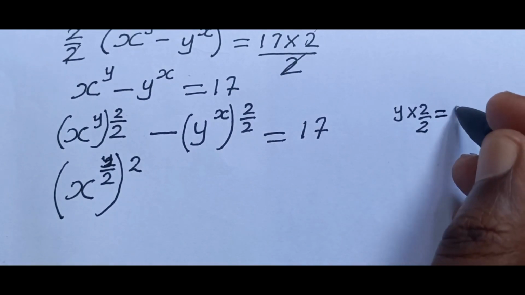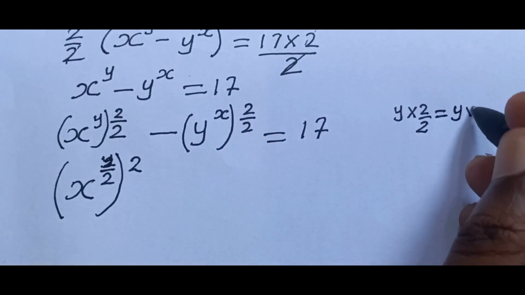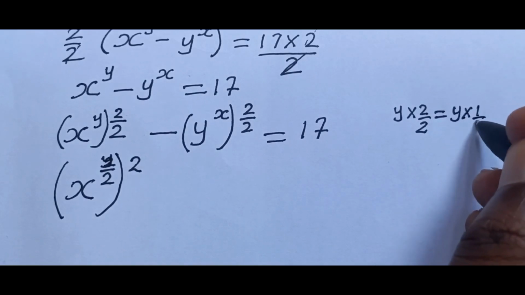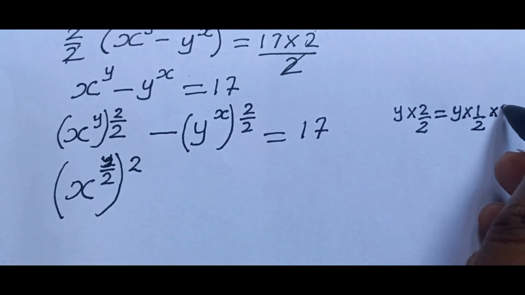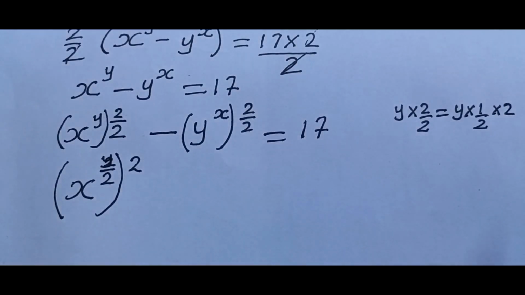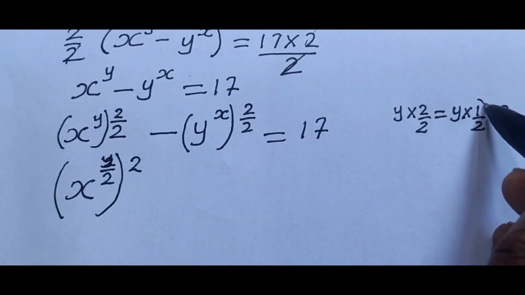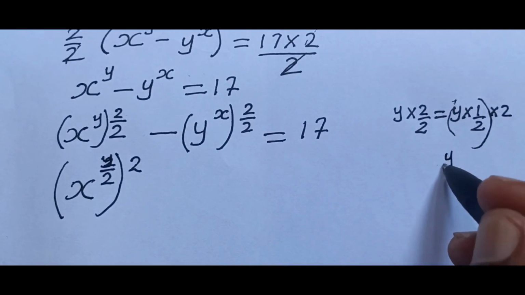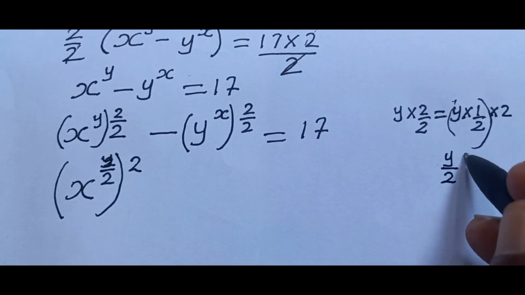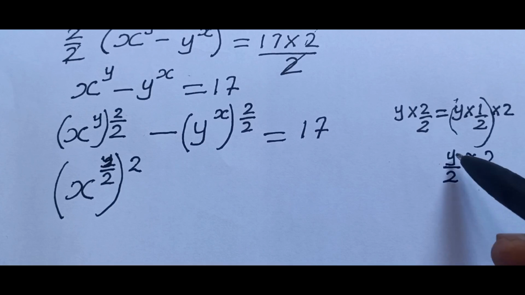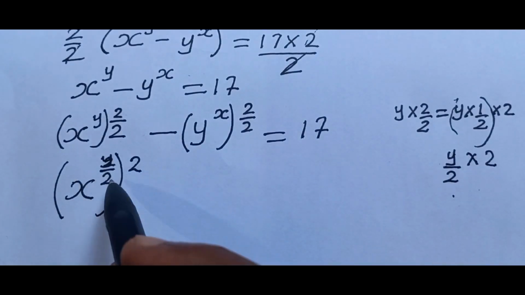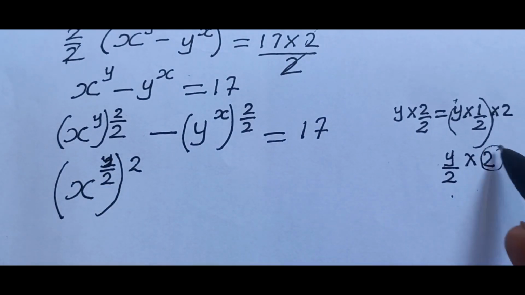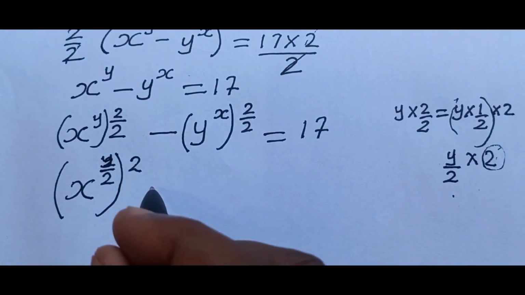This is the same as to write y times 1 over 2 times 2. So this one can be written as y over 2 times 2. This one is what you see here, and this 2 is what you see outside here.